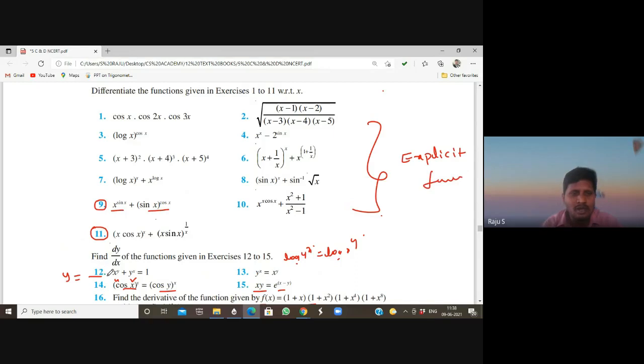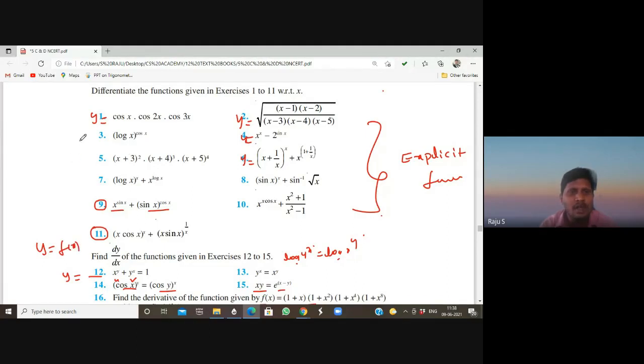But coming to 12 onwards, in all the cases we were taking y is equal to the function, because they were given only in terms of x. But in question number 12, is it given only in terms of x? No. Can you write the given function in the y is equal to f of x form?